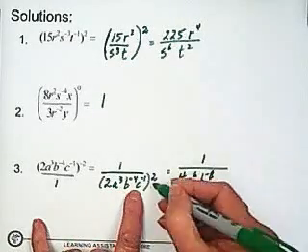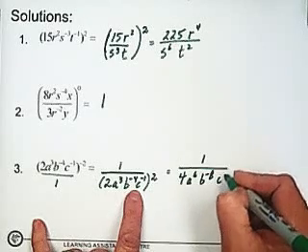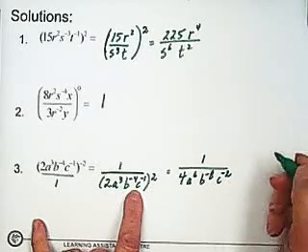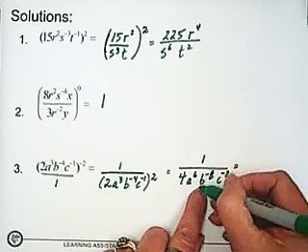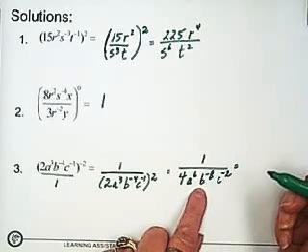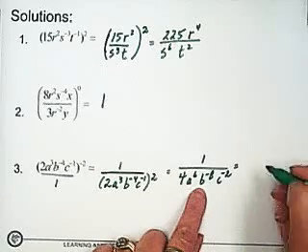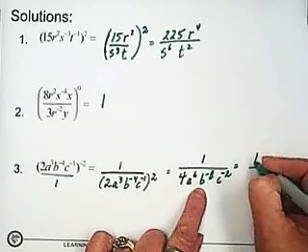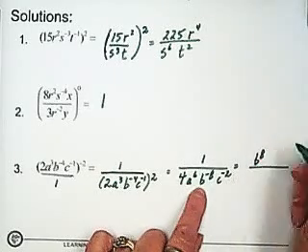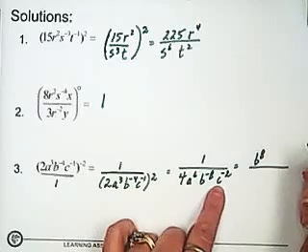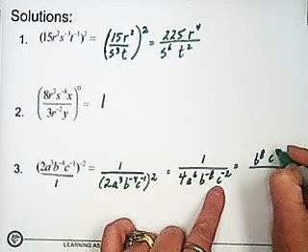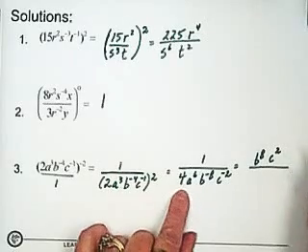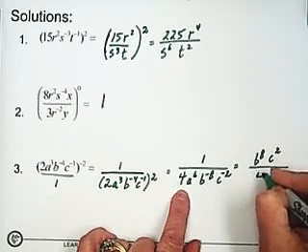C to the minus 1 raised to the power of 2, which is c to the minus 2. Now we can see by looking at this that at this point we can move b to the minus 8 up and it will become a positive exponent. So in our numerator we can have b to the power of 8. We can also take our c to the minus 2 up into the numerator and it will become a positive 2. And our 4a to the 6 will be left in the denominator.